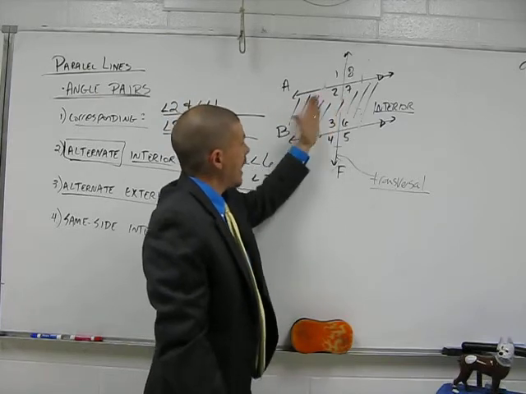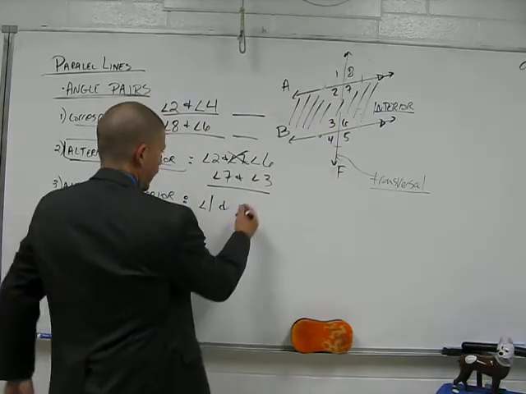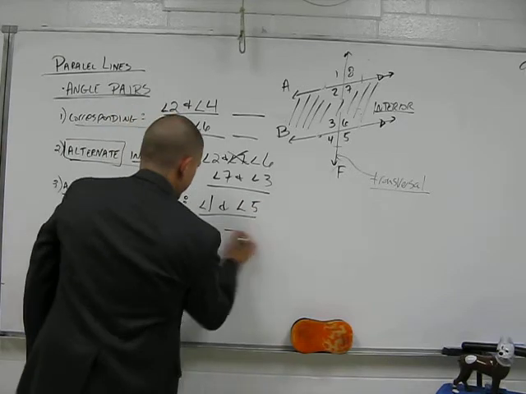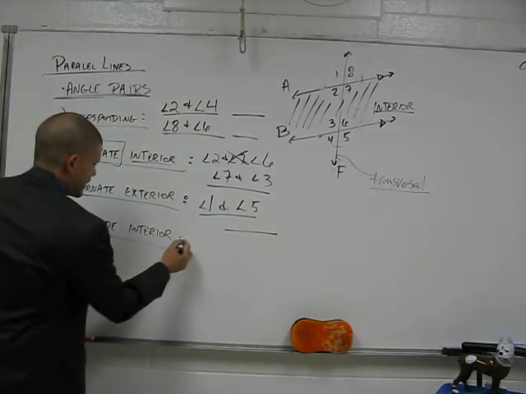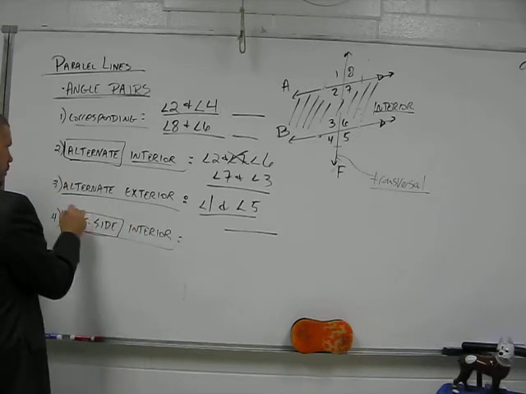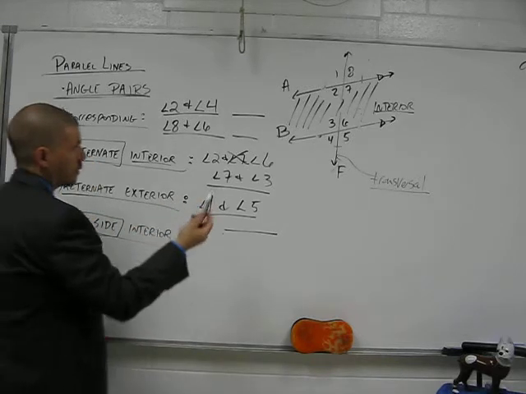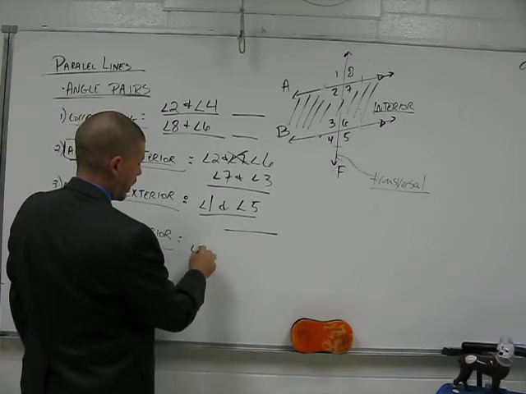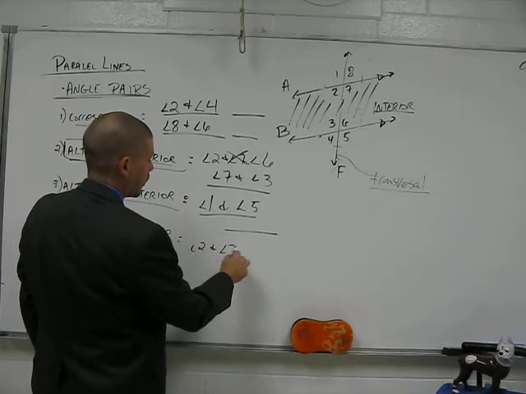Since those are on the same side, I have to alternate: angle 1 and angle 5, and obviously there's another pair there. Then same side interior, same side as opposed to alternate interior, should go without saying: angle 2 and angle 3.